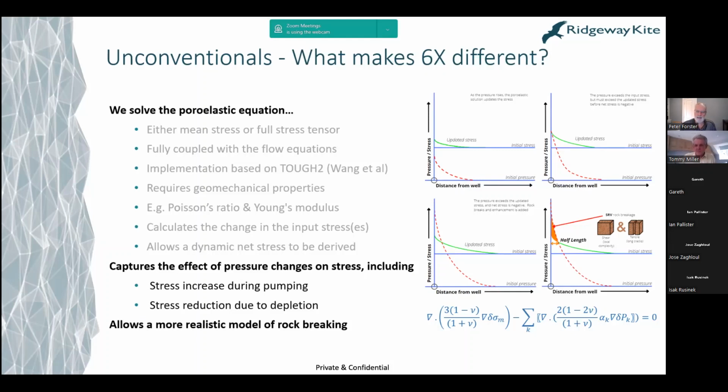And that can either be a change to the mean stress to capture just the weakening, if you want to call it that, of the rock, or it can be the full tensor to capture the directional changes. Okay.